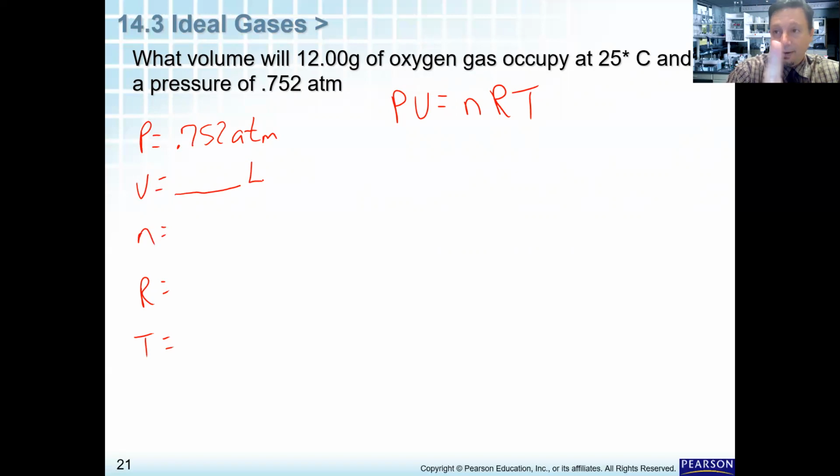My moles, I'm going to have to do a conversion here. So I have 12.00 grams of oxygen gas, which remember it's diatomic, it's O2. I need to get to moles. So I know that 1 mole of oxygen gas from my periodic table is 16.00, and there's 2 of them, so that's 32.00 grams.